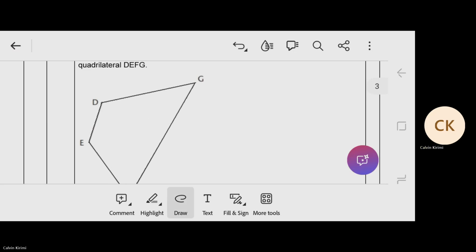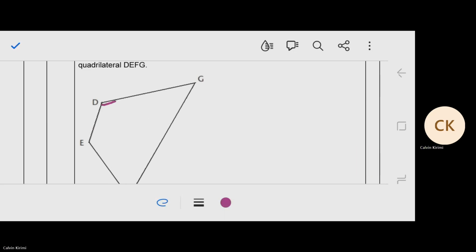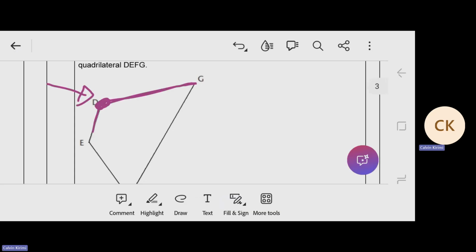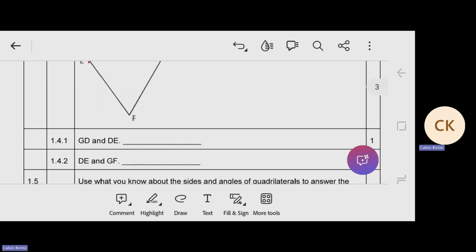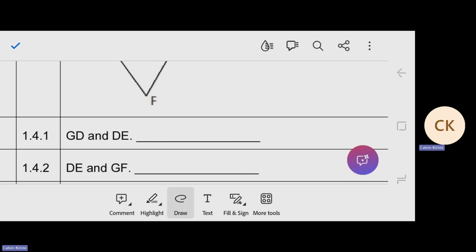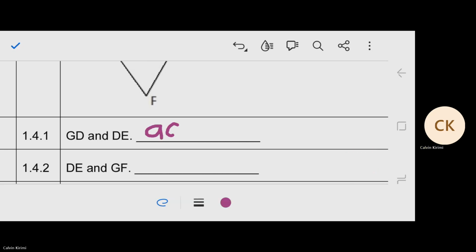These sides are sharing the same corner, the same vertex. Whenever they are sharing a vertex, or a corner, we call them adjacent, which means they are next to each other because they share corner D. So those two sides are adjacent side.